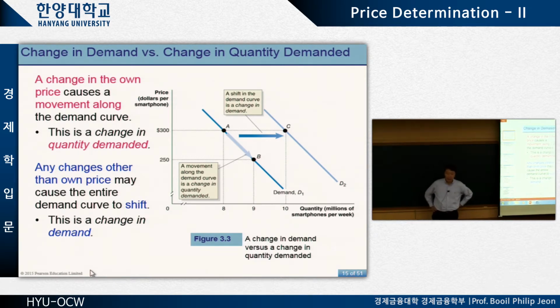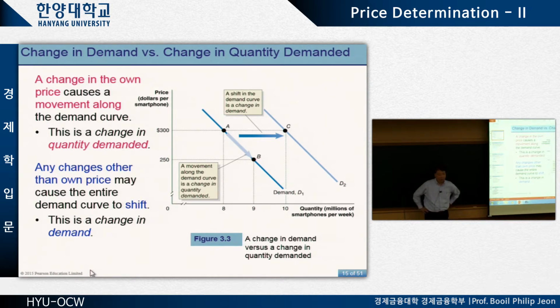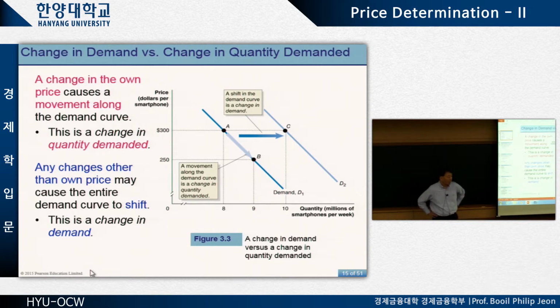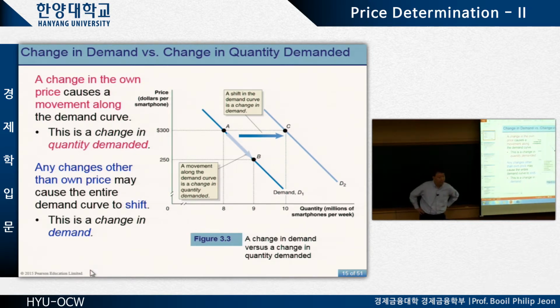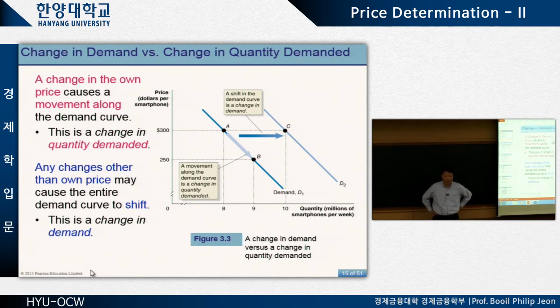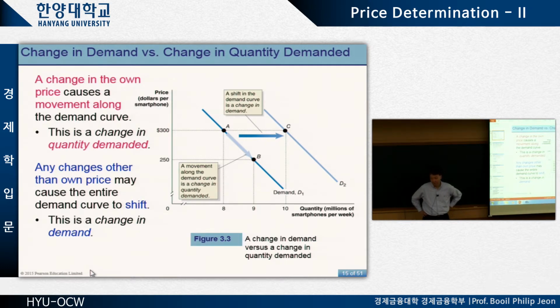But if something other than the own price changes, like consumer taste or price of related goods, then the demand curve will shift to the right or to the left, right? And that's what we call a change in demand. Okay?